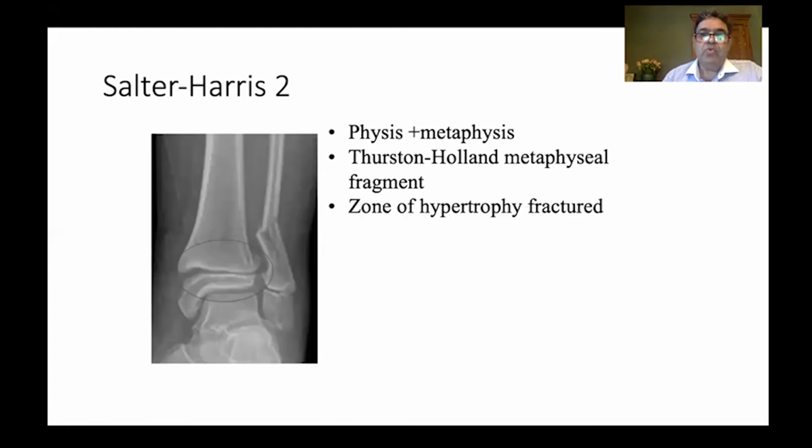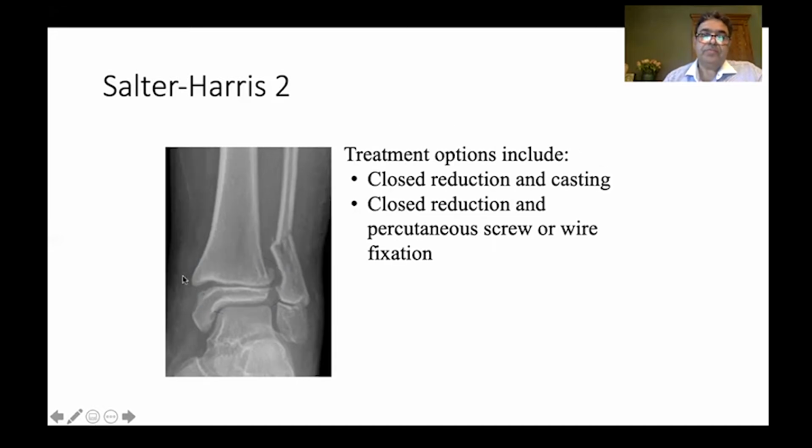In Salter-Harris type 2, as I said again, the physis is completely normal, it's not injured, but the injury occurs through the hypertrophic zone, and we have the Thurston-Holden metaphyseal fragment here, and as I said, this is the site where the periosteum is injured. The management is closed reduction and casting. We may need, as I said, percutaneous or screw fixation in the distal femoral physeal injury, because this is a physis that has a bad reputation for physeal growth arrest.